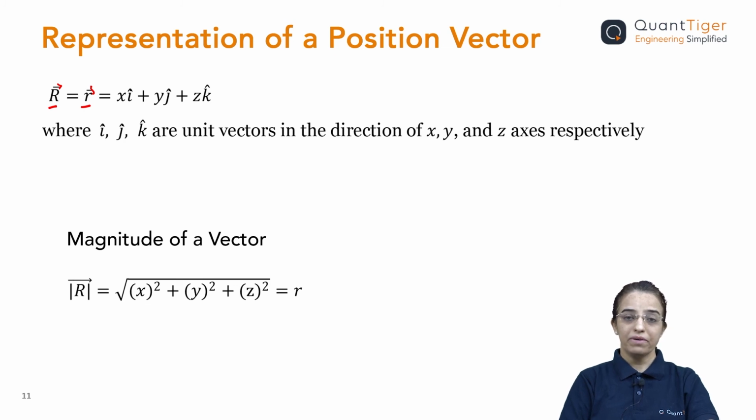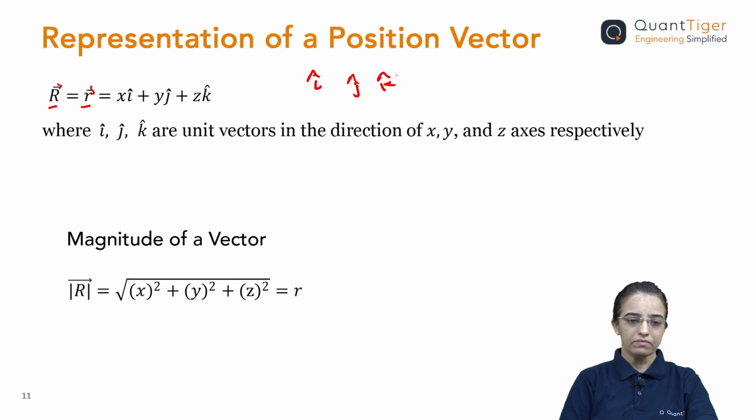We represent it as x i plus y j plus z k, with a cap on top of i, j and k, pronounced i cap, j cap and k cap. So the r vector, the position vector, is x i cap plus y j cap plus z k cap. This is quite important because we will be using it almost everywhere throughout the chapter.